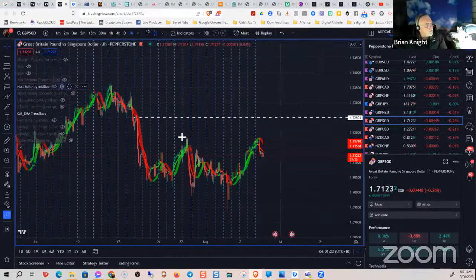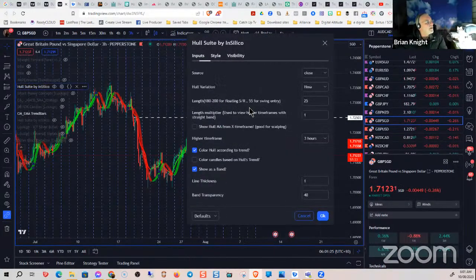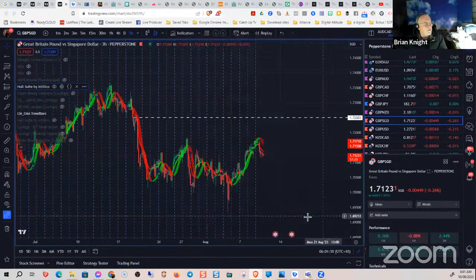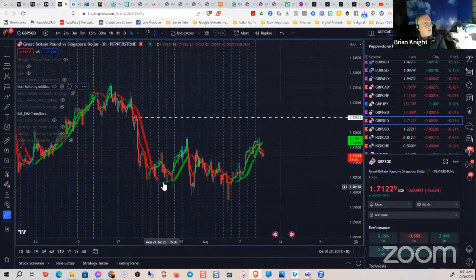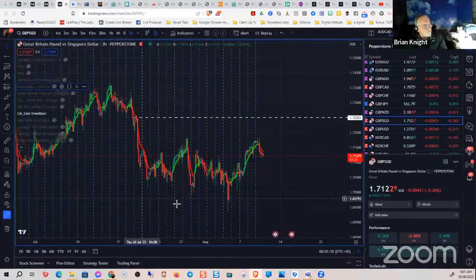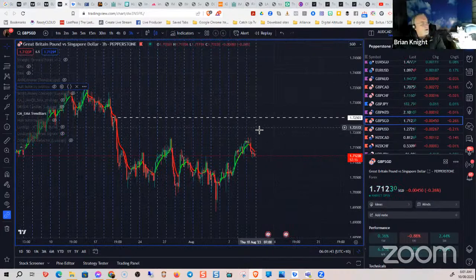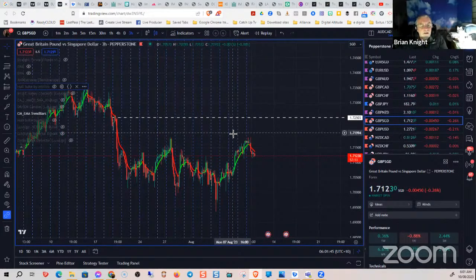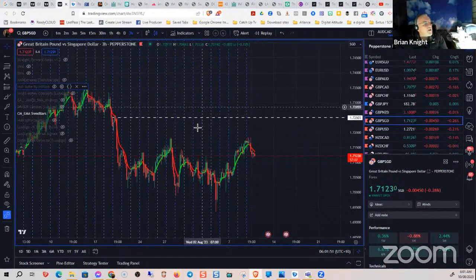It probably had 55 or something on it, so there's a lot less movement going on with it. And I'm pretty sure the stop loss would have been up here somewhere. It's probably in break even now. Yeah, it is.